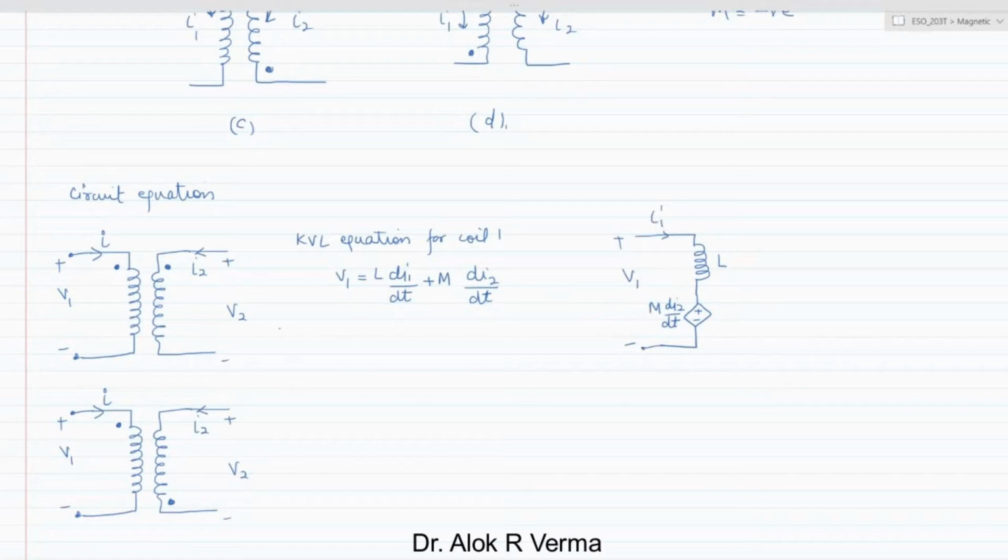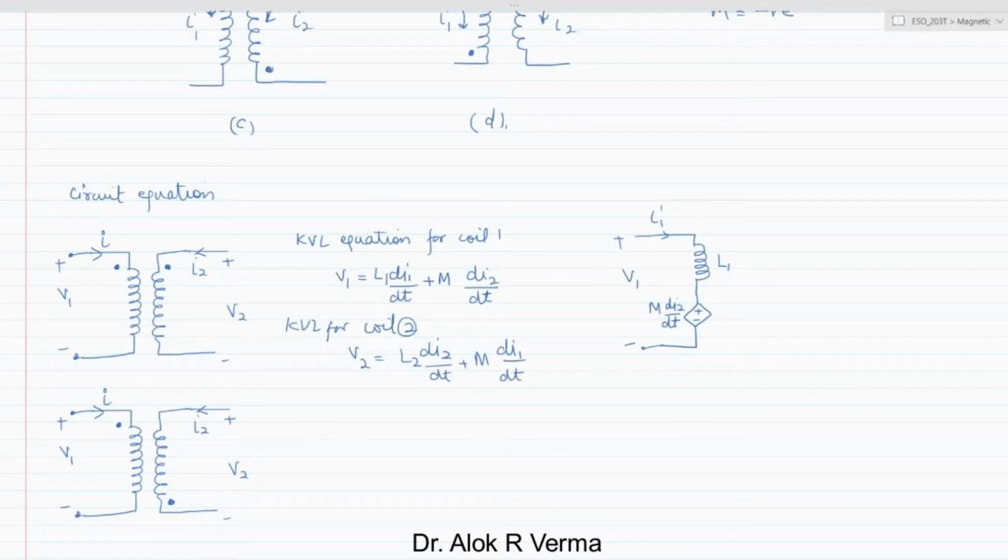Similarly, KVL for coil 2: here in this case, it will be V2 equals L2 di2 by dt plus M di1 by dt.